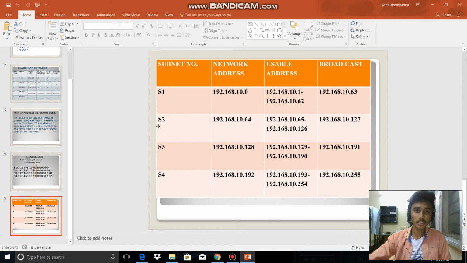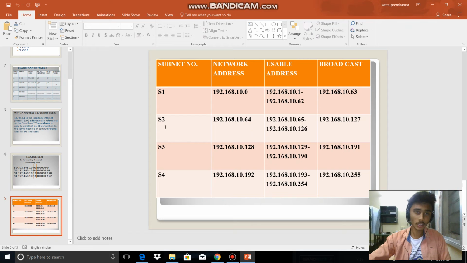Next, we have the four subnets S1, S2, S3, S4, with network address, usable addresses and broadcast address. S1 network address is 192.168.10.0, usable addresses 192.168.10.1 to 192.168.10.62, and broadcast is 192.168.10.63.